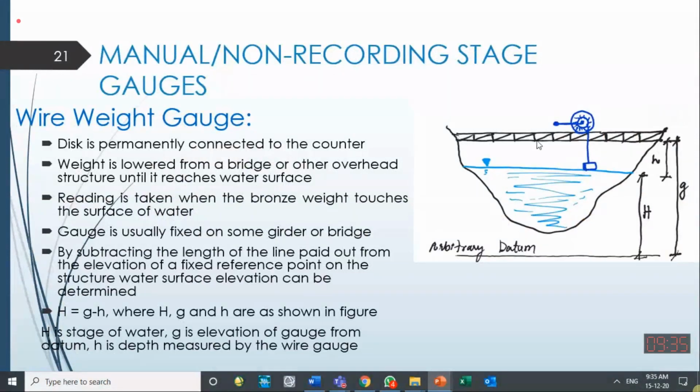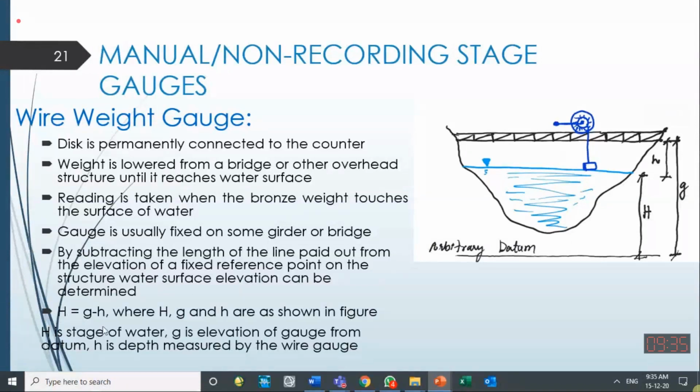For example, over this bridge, this wire weight gauge is installed. When it is touching over here, they measure how much the wire length is. They measure h over here. So if they know the elevation of this instrument itself, from the datum elevation is G, and they have just measured h, they can have the idea of capital H, that is the stage of the water level.